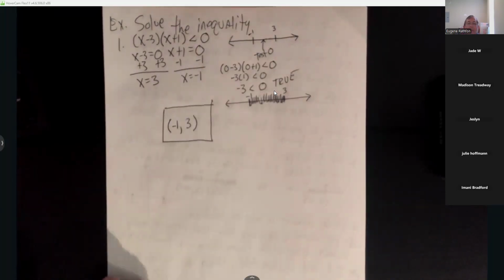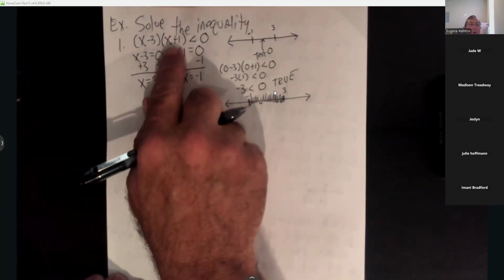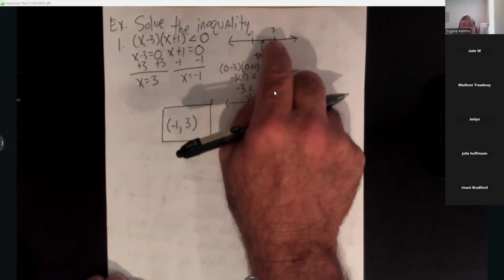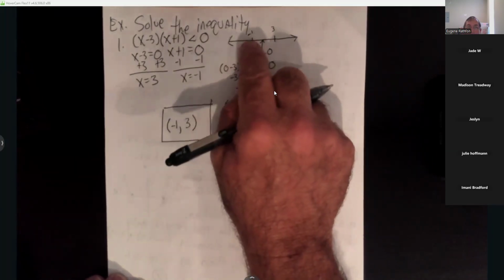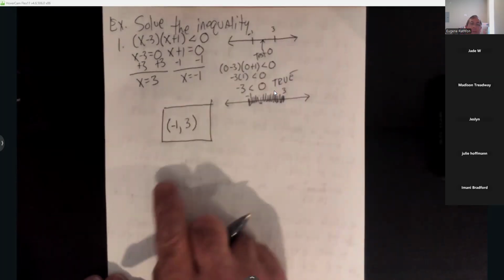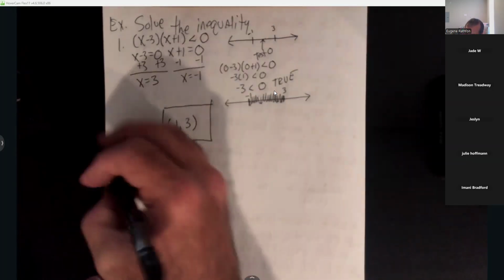That is what MATLAB wants. This inequality is only true between -1 and 3, but it cannot equal -1 or 3. Okay? And that's why we got the curves.